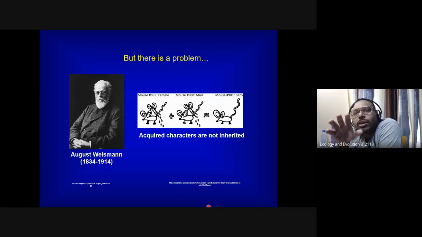Now, in the context of epigenetic modifications, we know that when the process of gametogenesis happens, gametogenesis being the process by which gametes are formed, sperms for males and ova for females, there is something known as epigenetic reprogramming that happens at the level of the cell.